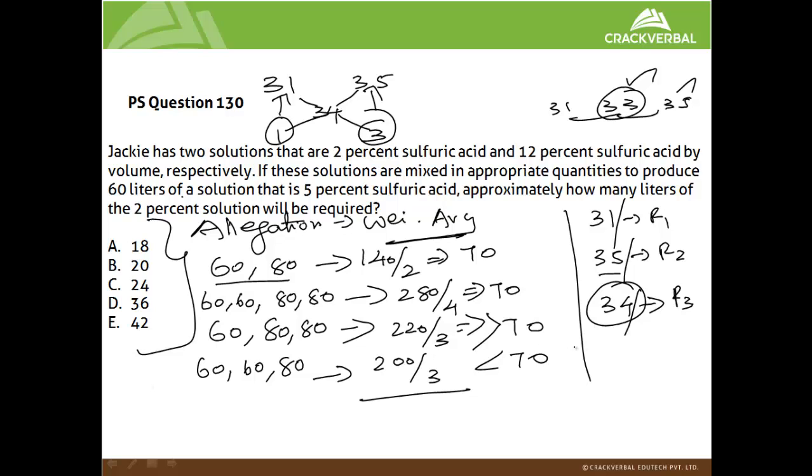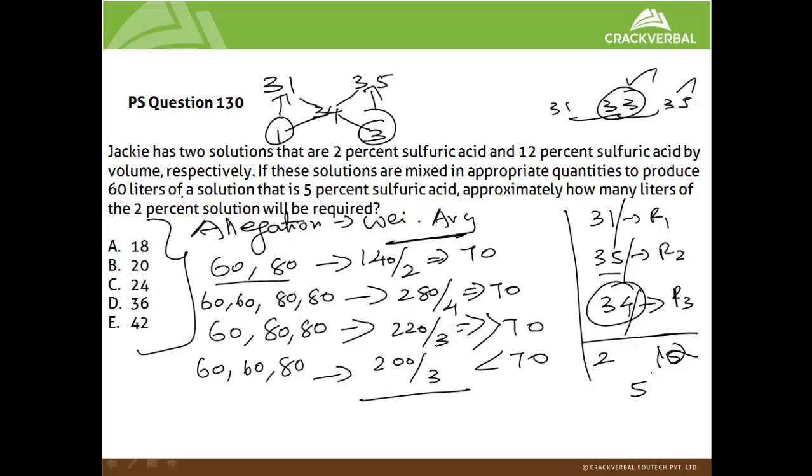Here we are mixing a 2% solution. In our question we are mixing a 2% solution with a 12% solution. We can keep it as 2 and 12 itself, nothing wrong, because all three will have percentages, so we can avoid the percentage and the division by 100. So here 2 and 12 are mixed to get the resultant of 5.